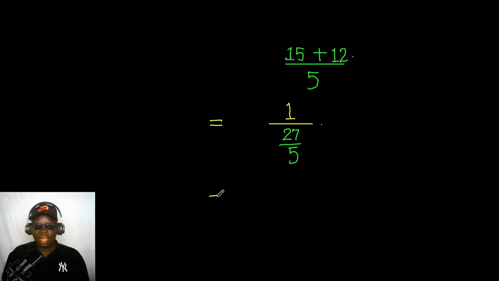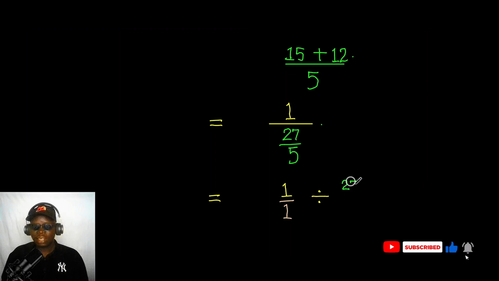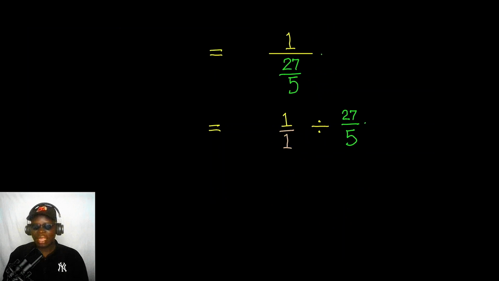Let us move on and make our second final step. Let's have 1 such that we divide this by the denominator, and our denominator is 27 over 5. Now the same reasoning we have done earlier on, we need to bring it back here where we say if we have a division sign, we have to change it into a multiplication sign. So once we have it as a multiplication, then we have to interchange the numerator and the denominator.